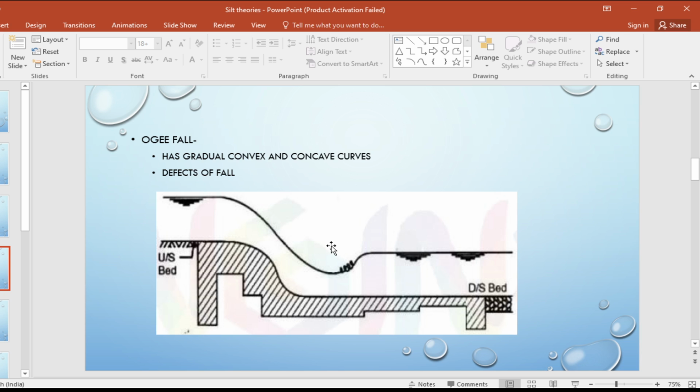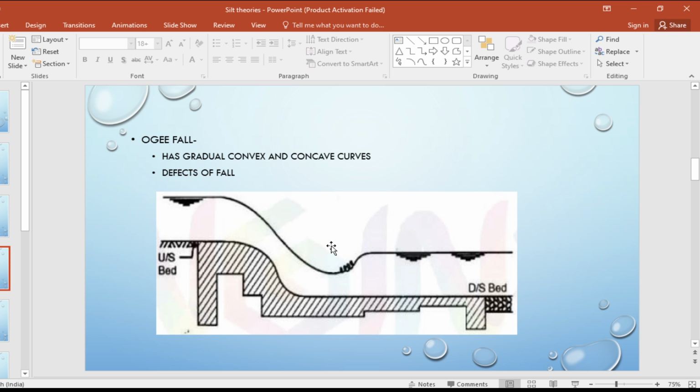Okay, here what happened? That kinetic energy will be preserved till the sufficient depth below the structure was scoured up.